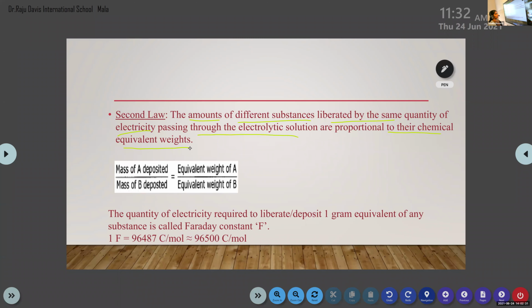That means if you are supplying the same amount of electricity to two electrolytic cells, then the amounts of different substances liberated will be proportional to their chemical equivalent weights.